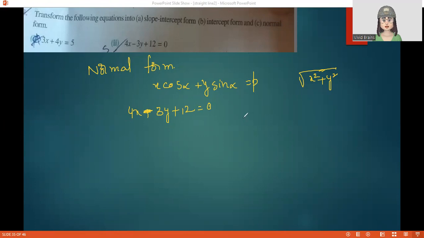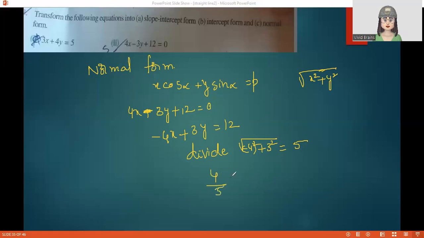So in order to get this, first we get minus 4x plus 3y is equal to 12. Now divide by root of 4 square plus 3 square, that is minus 4 whole square, which is equal to 5. Divide by 5 on both sides. So minus 4 by 5 x plus 3 by 5 y is equal to 12 upon 5.